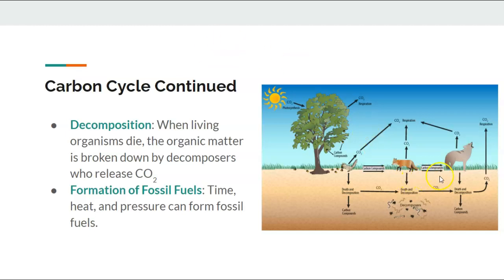So in this case, we have this idea of death and decomposition here, right? CO2 is being released and transformed through decomposers, or the organic matter can go deeper into the ground, and that will add pressure as you go further into the ground, and heat and time, of course, and eventually it will turn into a fossil fuel like oil, which is something that we as humans use quite a bit of.